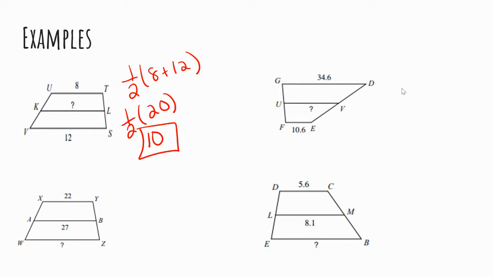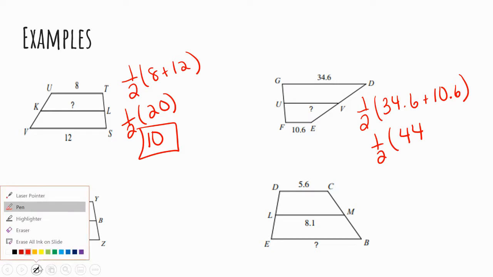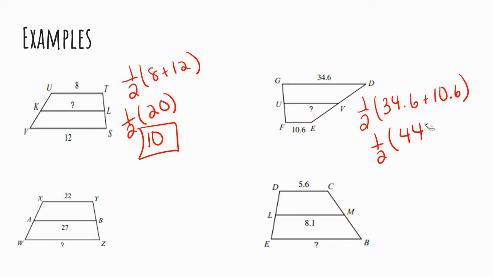Over here, you might want to use a calculator for these, but just because we put decimals in there doesn't mean we change anything. It might be a little bit harder to see what's smack dab in the middle of 34.6 and 10.6. So we can use our formula, 1/2 of 34.6 plus 10.6. Let's go ahead and erase that.